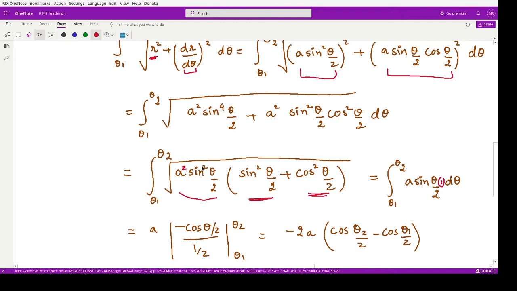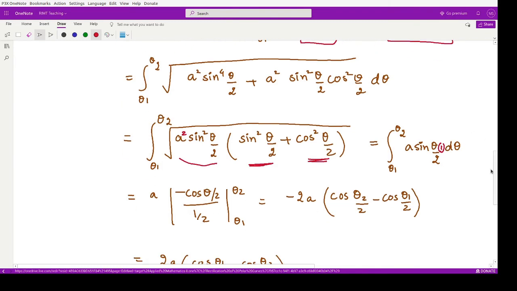The square will cancel with the square root, so we are left with a sine theta by 2 d theta. Now a is constant, it will come out of the integration, and the integration of sine theta by 2 is minus cos theta by 2 divided by the coefficient of the angle. The coefficient here is 1 by 2, so we divide by 1 by 2.